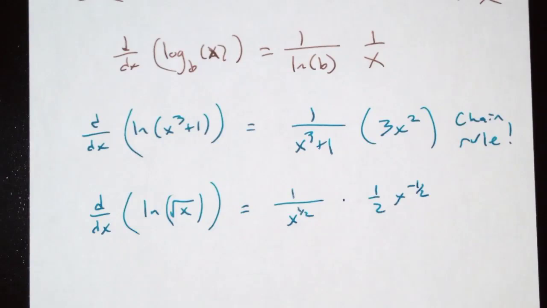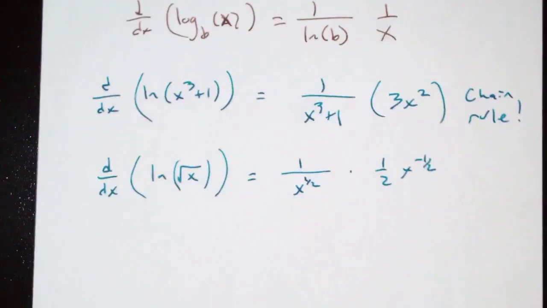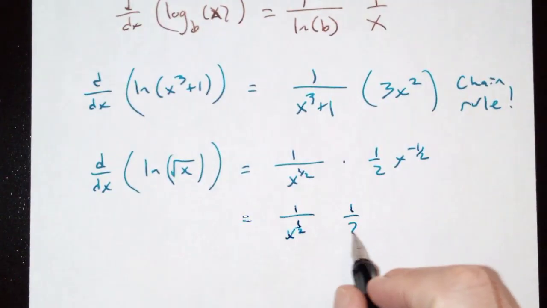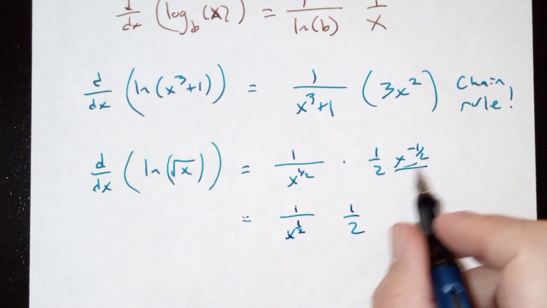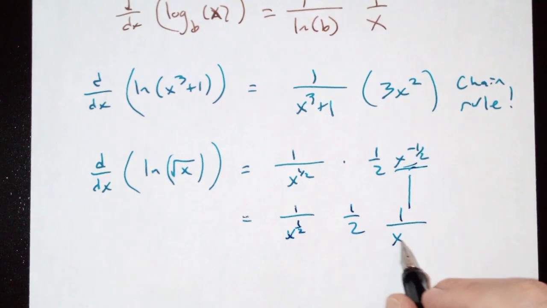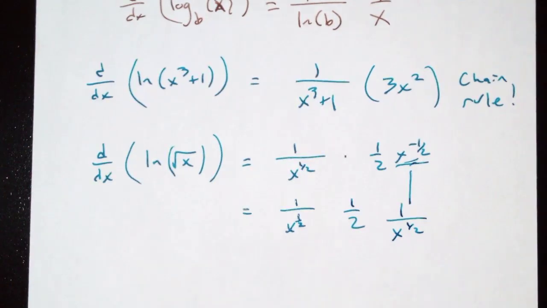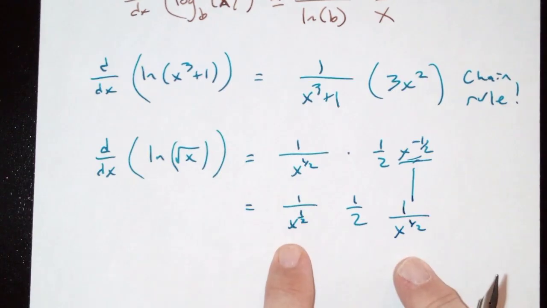However, I'm going to do something that we didn't do in the previous part. I'm going to do the simplifying. A negative power means it goes where? On the bottom. So this is 1 over x to the 1/2, and then a 1/2, and then this is also 1 over x to the 1/2, which means all of those are on the bottom, aren't they? I have an x to the 1/2 on the bottom, I have another x to the 1/2 on the bottom. What do I get on the bottom?